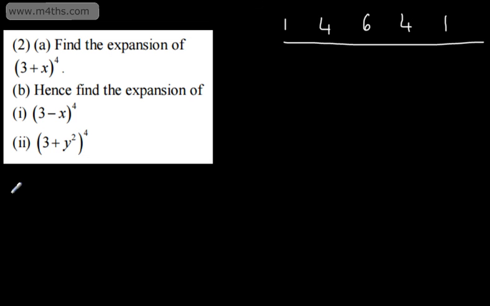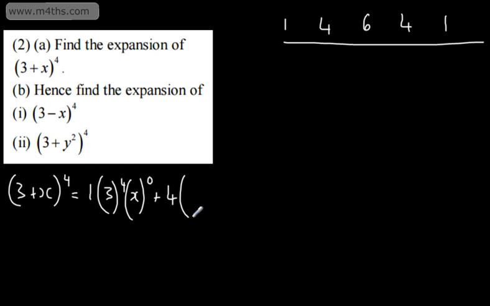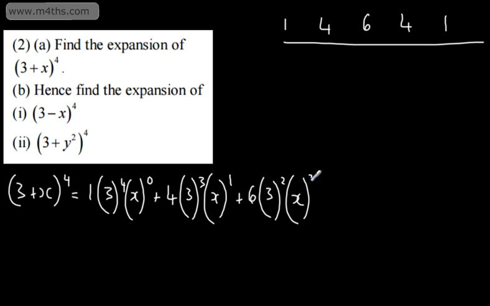So let's look at this then. What we can say then is 3 plus x to the power of 4 is going to be 1, then we'll have 3 to the power of 4, we'll have x to the power of 0, plus 4, we'll have 3 to the power of 3, we'll have x to the power of 1, we'll have 6, we'll have 3 to the power of 2, we'll have x to the power of 2.